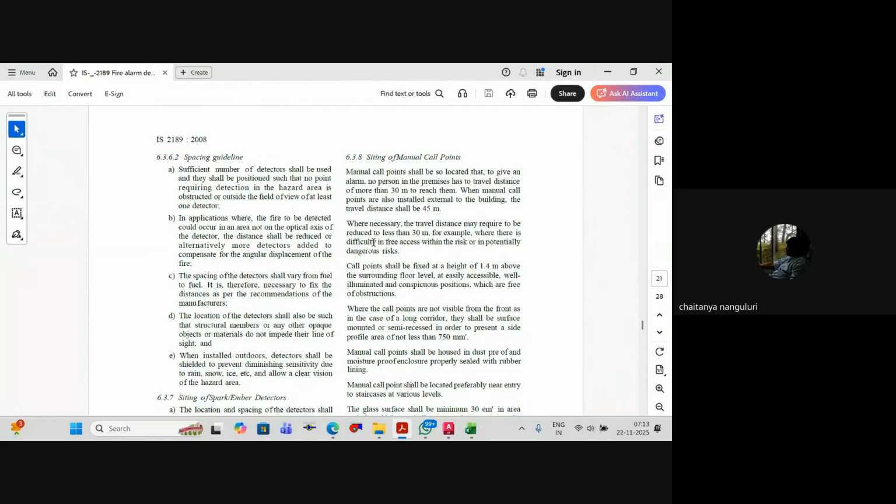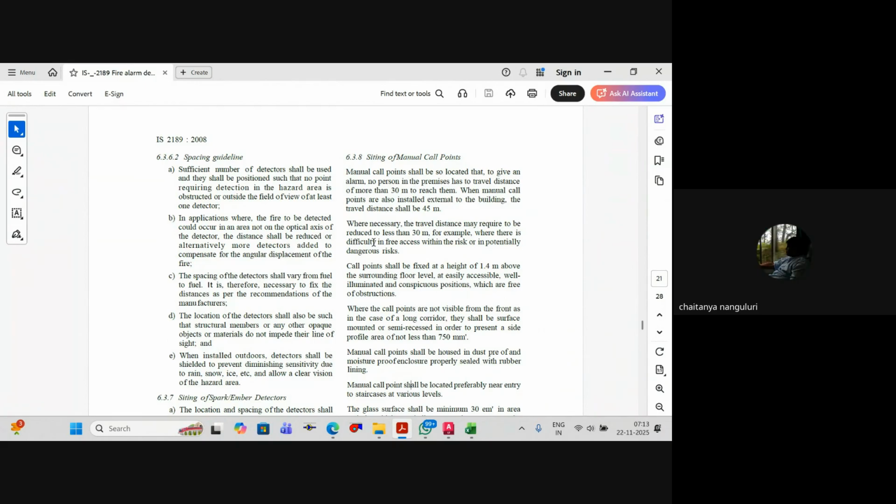So you have to place your MCP in such a way that you should be able to reach it within a distance of 30 meters. And it's always mandatory to install for fire exit staircases. Understood or not? Only at the fire exit staircase, right?